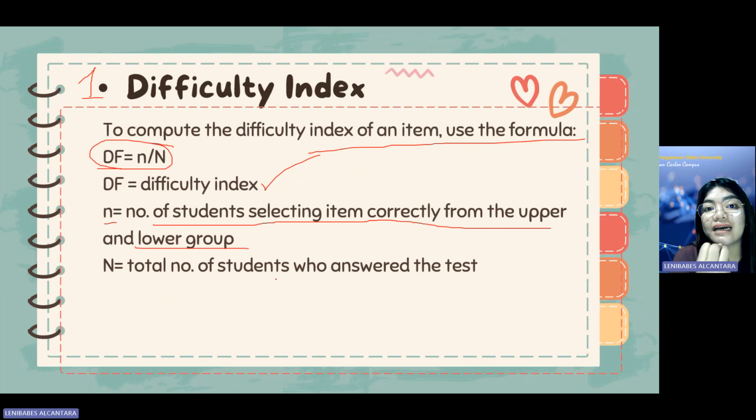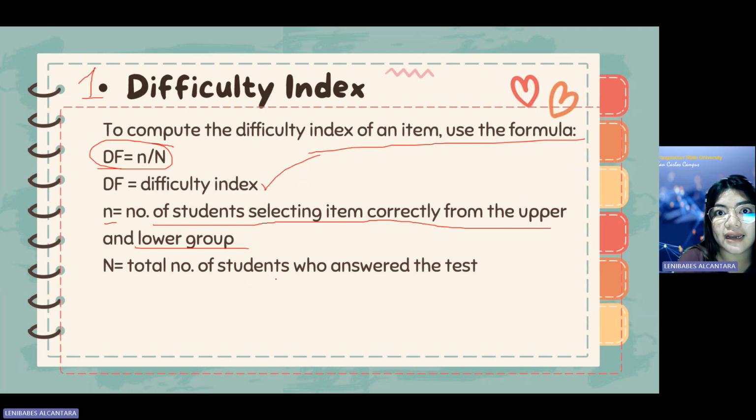So, ilan ang nakakuha? Among the students na nag-take ng test, ilan ang nakakuha ng tamang sagot sa item number 1? Okay, how about item number 2, 3, and so on? So, ibig sabihin, sa item analysis, per item, i-check natin, i-evaluate natin kung yung item na yun ay may potential na i-retain, i-revise, or i-discard.